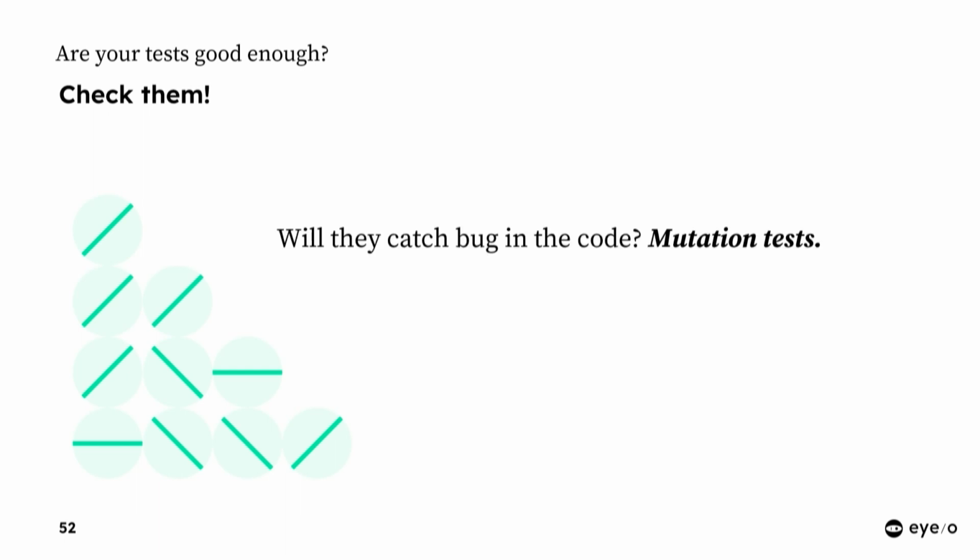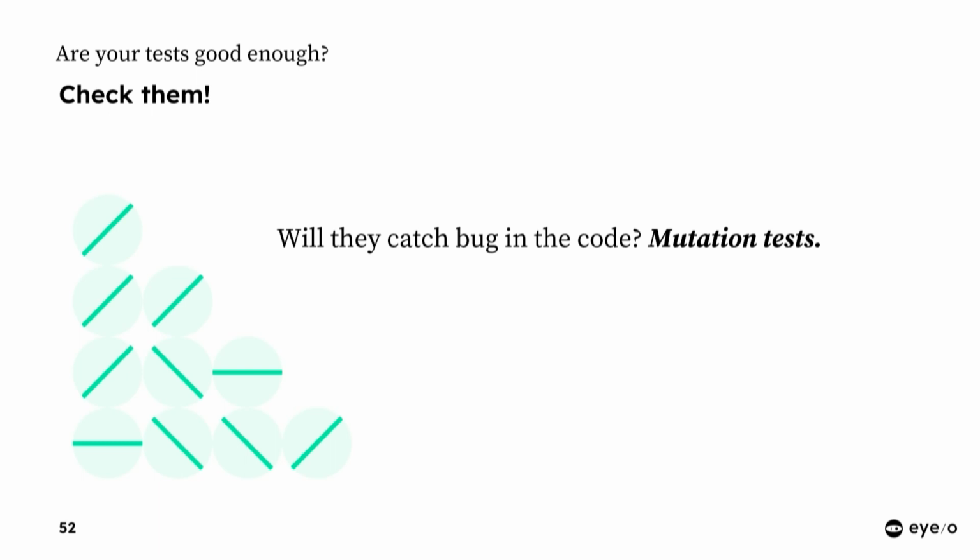The first one is, will they catch the bug? That might sound obvious. That's the reason why we are writing the code and why we are writing the code for the tests. But in this case, it's not only about code coverage and catching the functional bug, but about catching the mistakes made by different developers who don't understand why a specific value is set in the code.